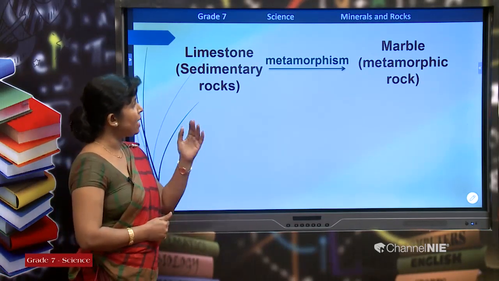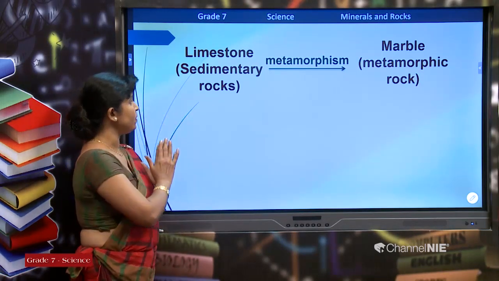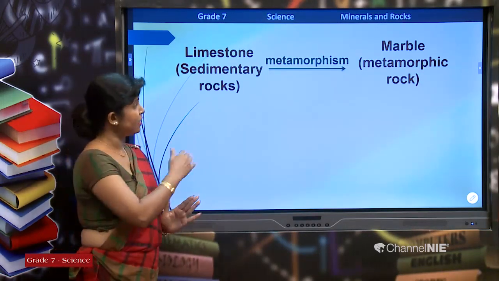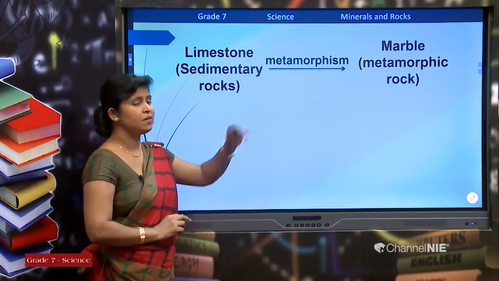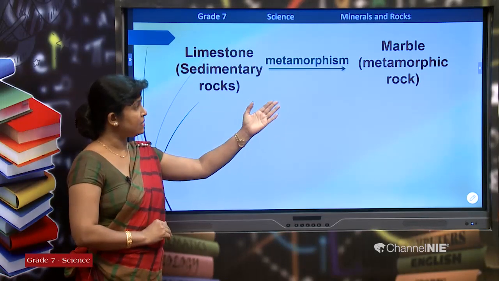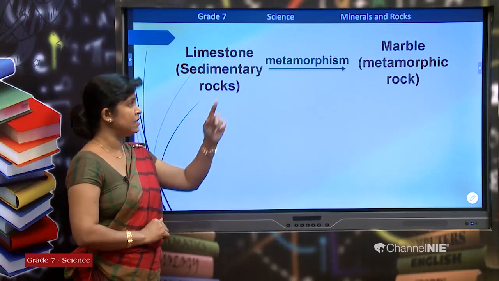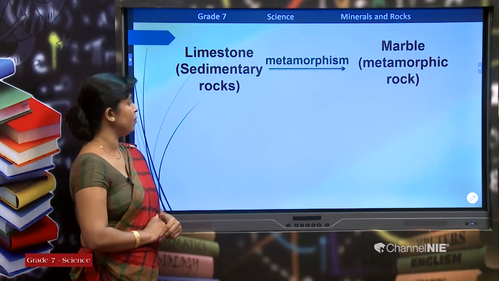Very good, marble has formed. Now, you can see limestone is a sedimentary rock, then it has converted to a metamorphic rock after the process of metamorphism. Marble is an example for metamorphic rock, right.